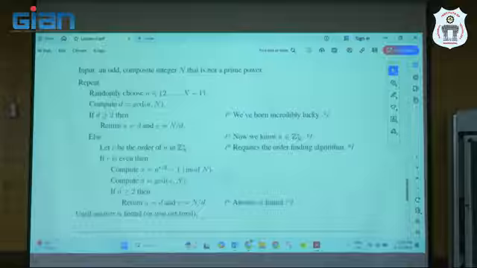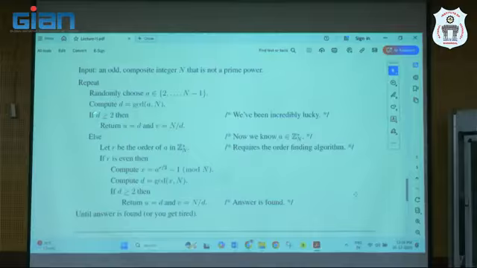If the GCD D is greater than or equal to 2, then return D and n over D. Because you have found a common factor between A and n, right? Remember, A is from 2 to n minus 1.